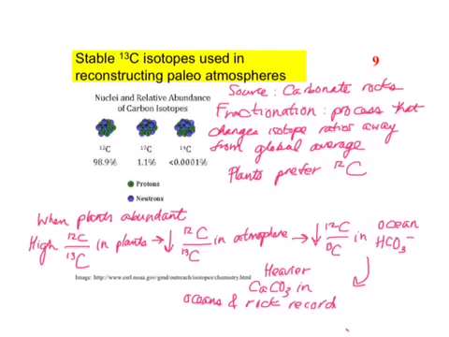So the bottom line here is that heavy, meaning having a lot of C13 relative to the global average, so heavy carbon in the rock record leads us to infer high oxygen in the atmosphere because there are a lot of plants that are photosynthesizing.